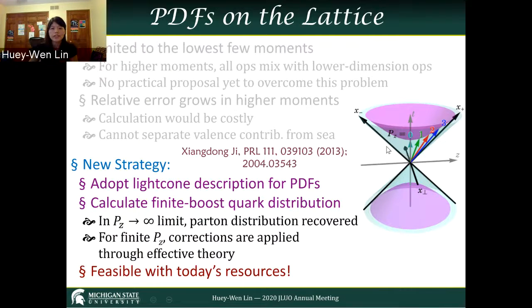So by calculating finite-boost quark distributions and replacing the light-cone Wilson line with a spatially displaced Wilson line, one can do some very complicated field theory and then approach the light cone. The larger the momentum you have, the smaller those corrections are. And the best part is we have been able to start calculating them from 2013, and today we have been doing a lot more.